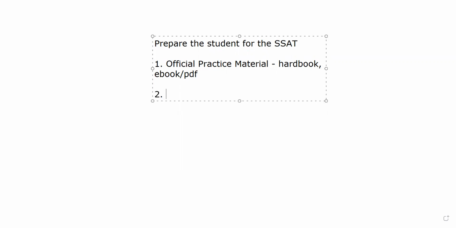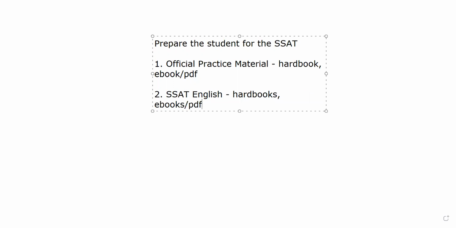Also, they do have specific tests like the SSAT English portion. They also have hard books or ebooks for that. You can easily print it depending on where you are in the world. Some places may not deliver hard books when you try to order on the websites, whether it's Amazon or the official SSAT website.